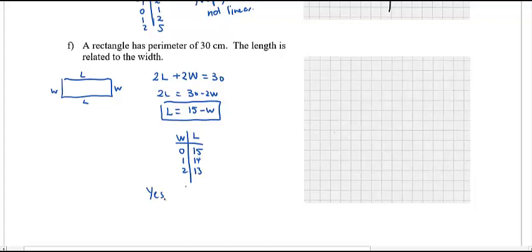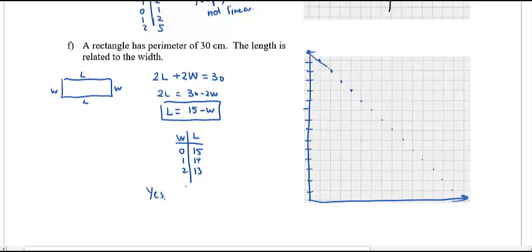And if you were to actually graph out this line, I'll do it over here like this. Man, I need to draw a better freehand. 1, 2, 3, 4, 5, 6, 7, 8, 9, 10, 11, 12, 13, 14, 15. Anyways, it'll be 15, 14, 13, 12, 11, 10, 9, 8, 7, 6, 5, 4, 3, 2, 1, 0.